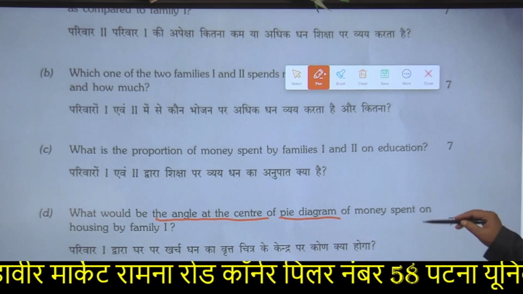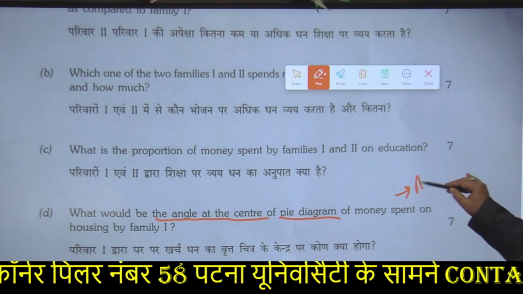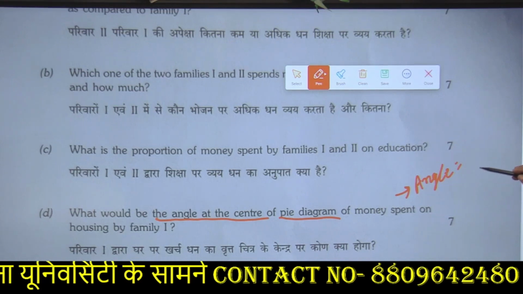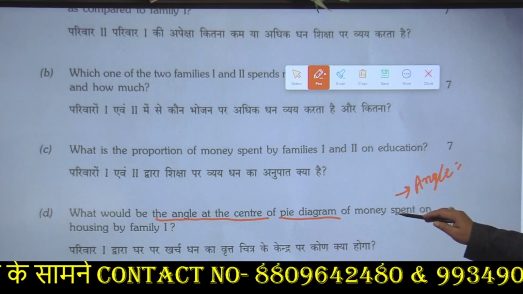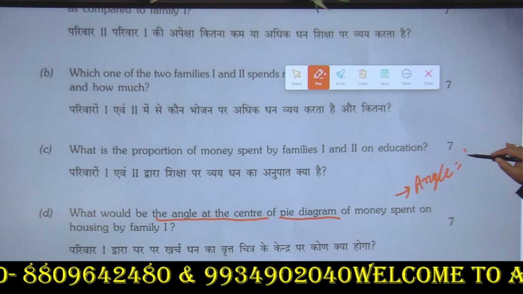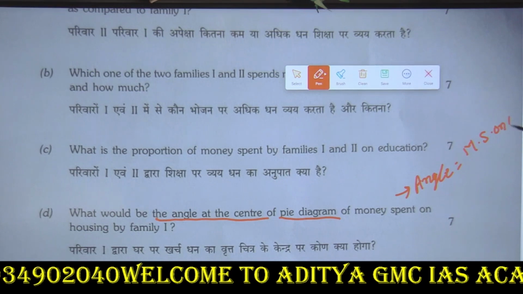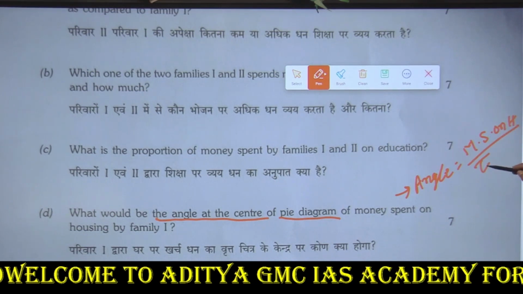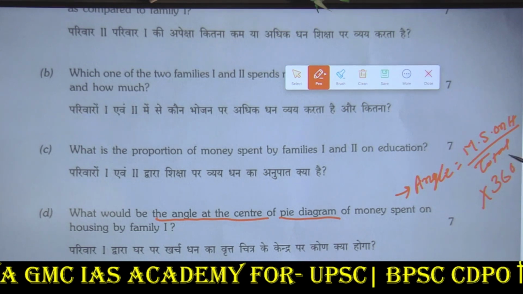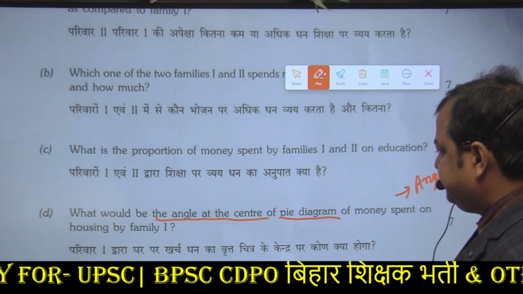So in this sector, angle equals to money spent on housing by total into 360. This formula is applicable in this segment.